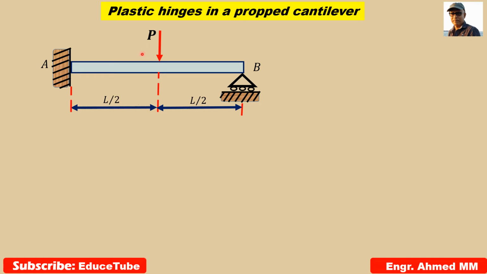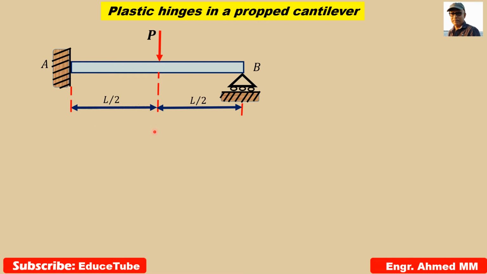So to reach plastic hinge formation, first we need to calculate the reaction RB, then draw a bending moment diagram to see the bending moment at different positions.